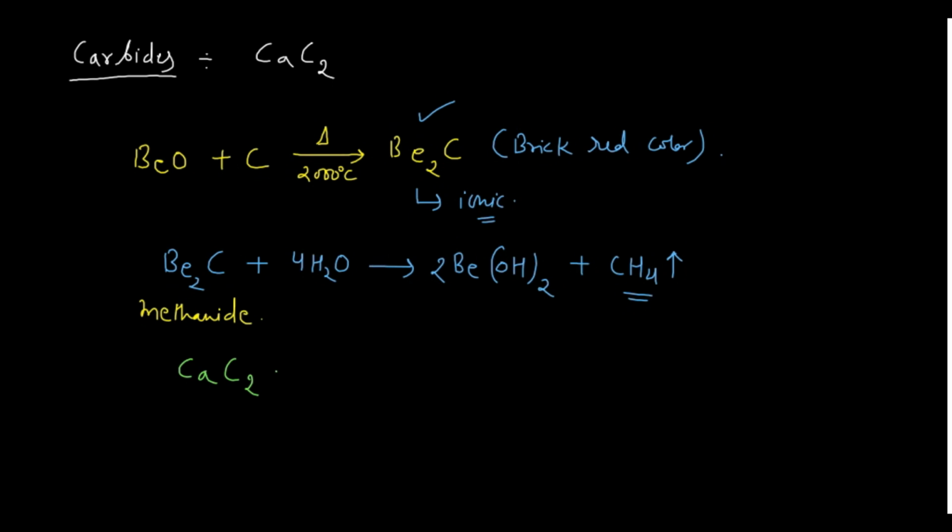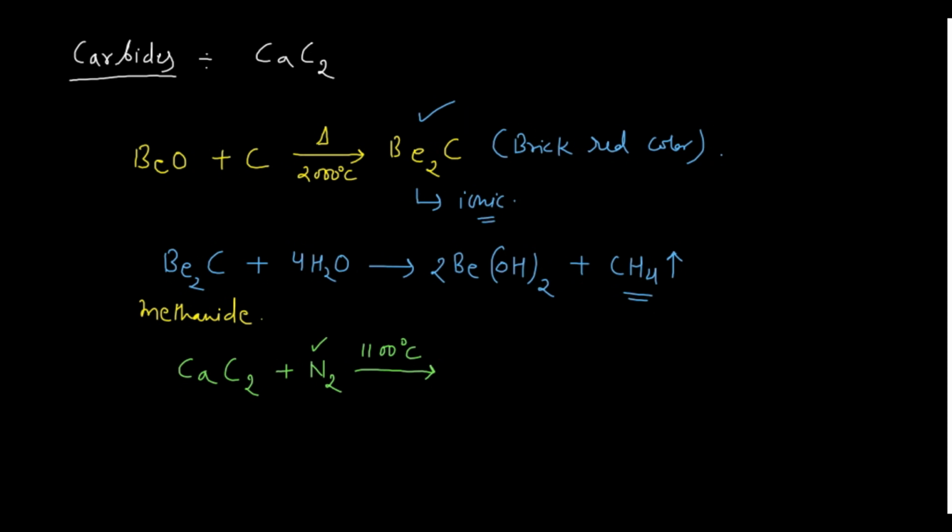When you react this compound with nitrogen, of course the temperature would be very high in that case. This reaction will not happen easily because atmospheric nitrogen is quite unreactive. If you want to react this nitrogen with a particular compound, then you have to heat the reaction mixture to a very high temperature.